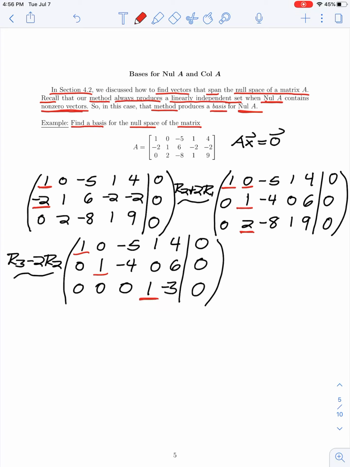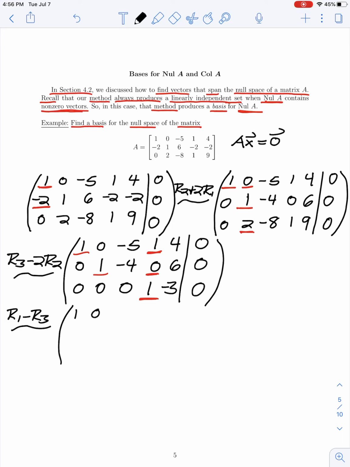And in my third row, I have a leading entry of 1 with a 0 above it, and then I still need to kill off this 1 that appears in the first row, fourth column. So to accomplish that, I'm going to take row 1 and subtract row 3.